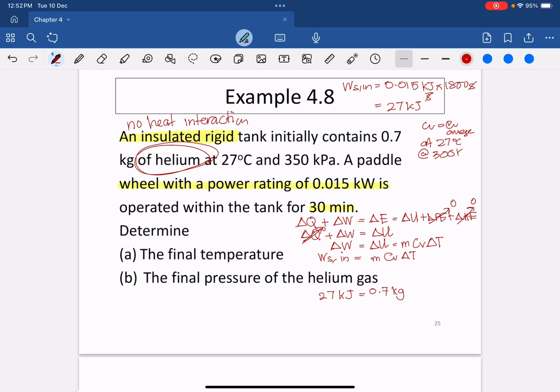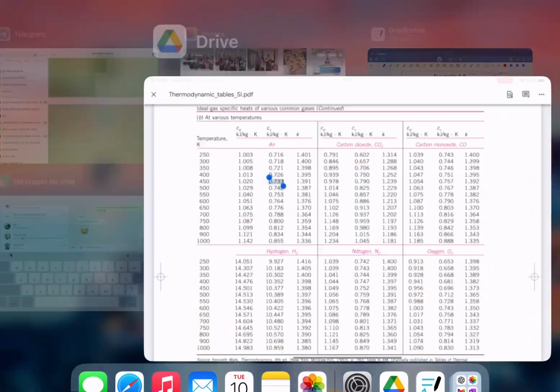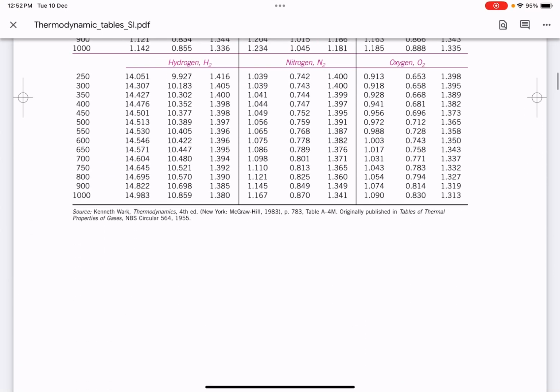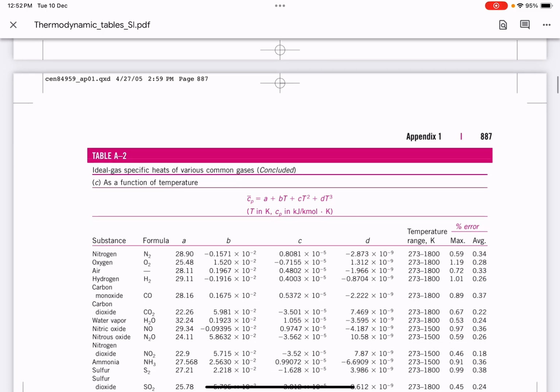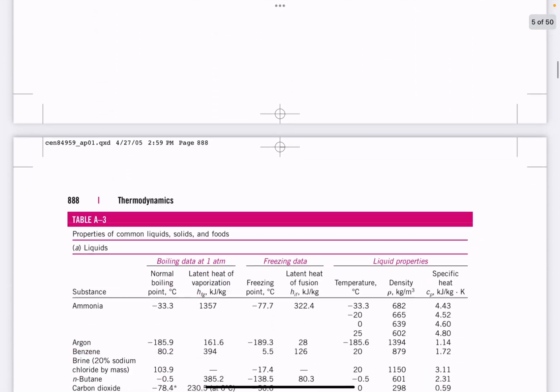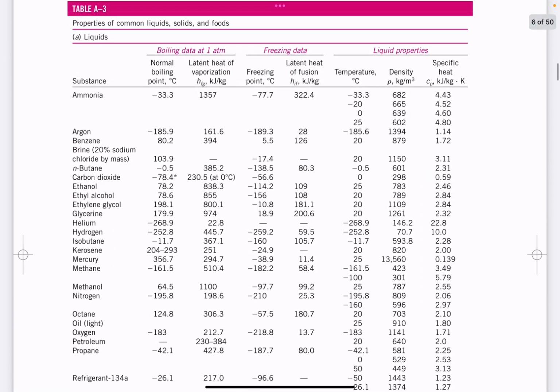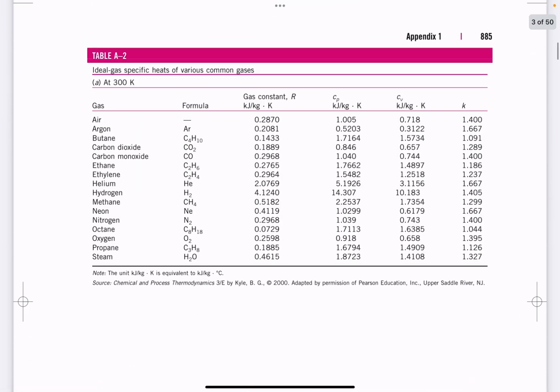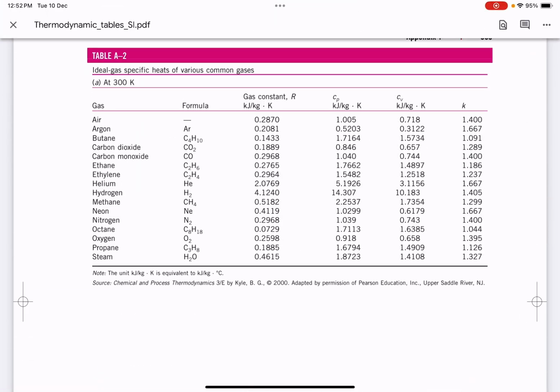We can find the specific heat capacity of helium from the table, Table A-2A. Since we are calculating internal energy, we need the Cv value.